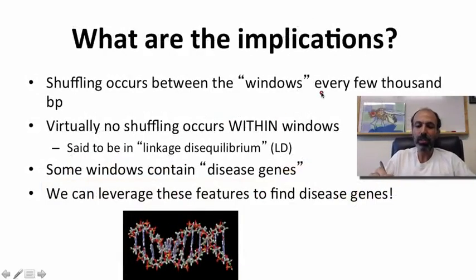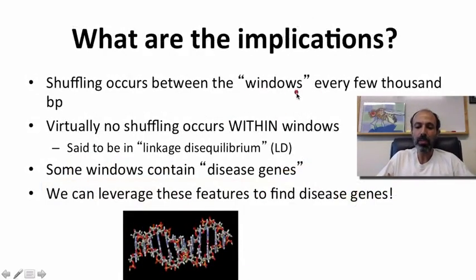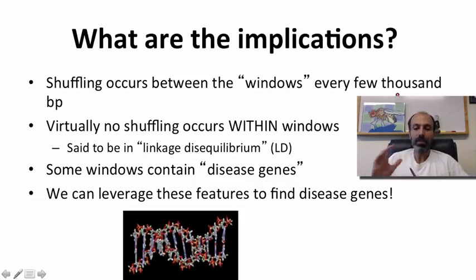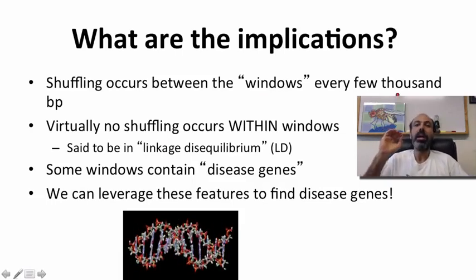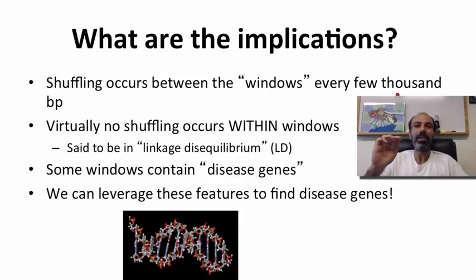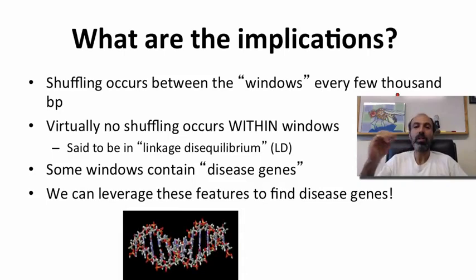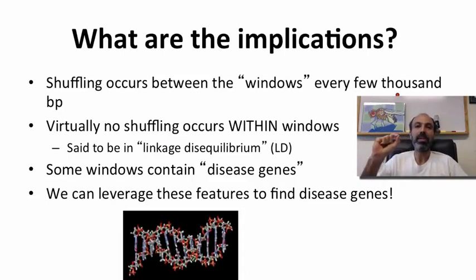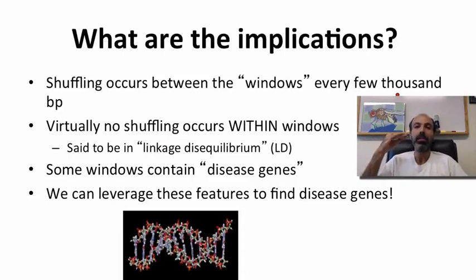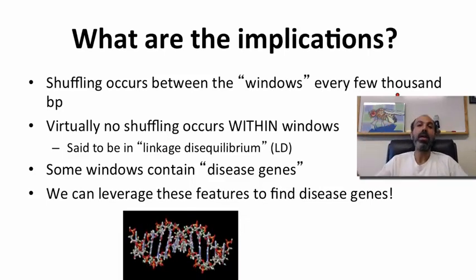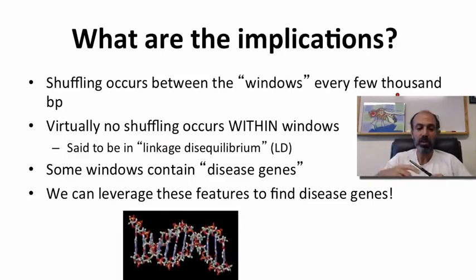Well, we have shuffling occurring between these windows every few thousand base pairs. Let me emphasize, when I'm saying that shuffling is occurring, I don't mean it happens every generation. I just mean there is some chance that over thousands of generations you can have this shuffling. You can have a crossover event happen at one of these hotspots, potentially once or a few times every couple of thousand generations.